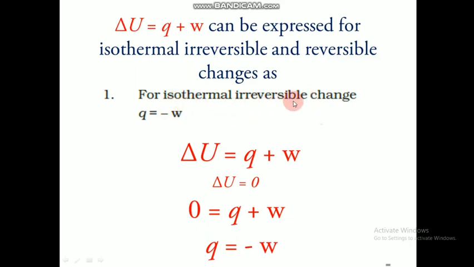For an irreversible process, W is equal to negative P external into delta V, or P external into V final minus V initial. We substitute this here. So W is equal to minus of this value, hence minus W will be equal to positive of the same value. W was equal to minus P external into delta V, so minus W is equal to P external into delta V. That is the first condition.